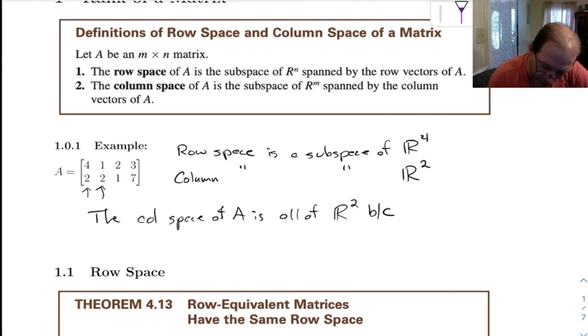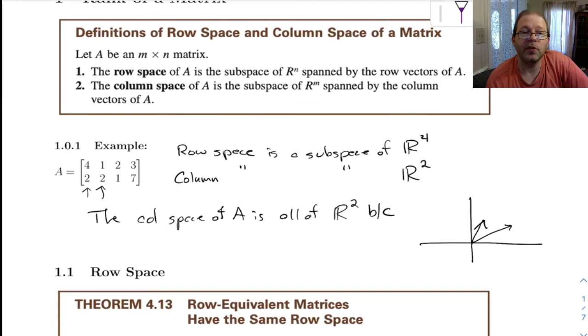So if you were to graph all of those in R2, you've got 4, 2, which is over 4, up 2. Then you've got 1, 2, which is over 1 and up 2. Like that. And once you've got those 2, that's enough to span the whole plane. So the column space is all of R2.